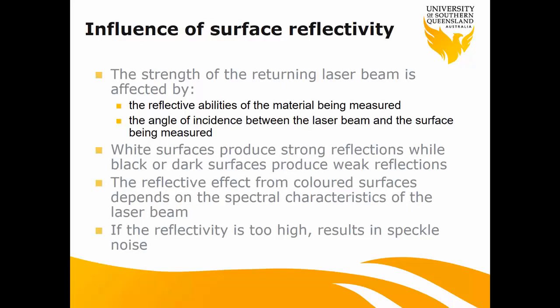Surface reflectivity. Certainly different object surfaces will also affect the accuracy of reflected laser signals. On a white surface, usually you can get a very strong reflection. A black or dark surface will produce a weak reflection.